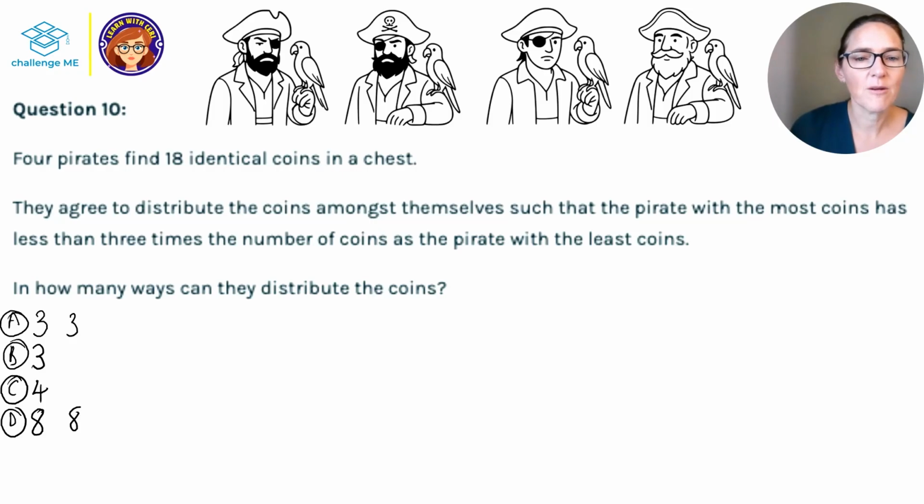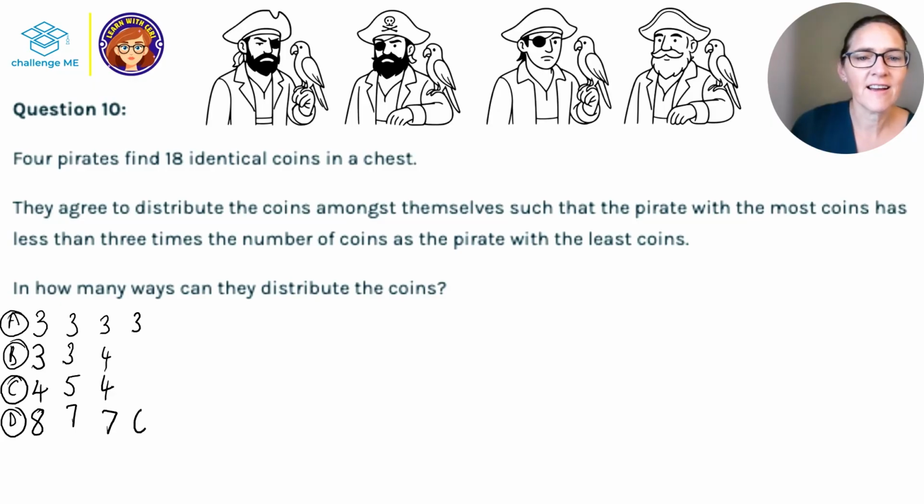So let's scrub that one and go to 3 and 7. 3 and 7's 10, so we could have 3 and 5 to make the 8, and there's also 4 and 4 to make the 18. Lovely.